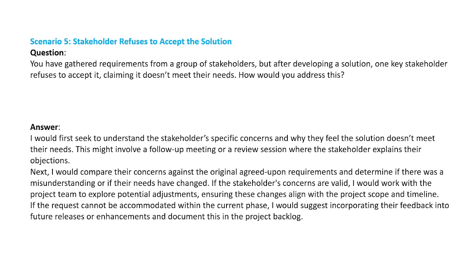If the stakeholder's concerns are valid, I would work with the project team to explore potential adjustments, ensuring these changes align with the project scope and timelines. If the request cannot be accommodated within the current phase, I'd suggest incorporating their feedback in future releases or enhancements and document this in the project backlog.